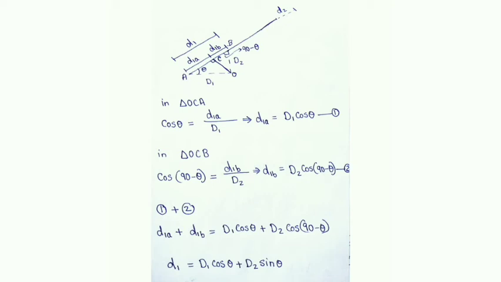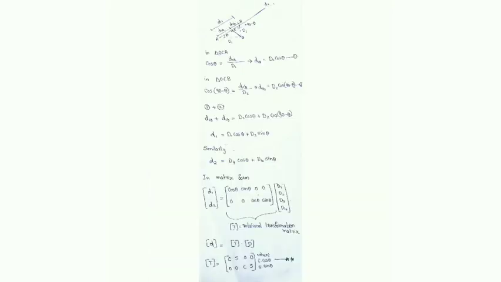So we can rearrange this equation as small d1 is equal to D1 cos theta plus D2 sin theta. That is, local d1 is equal to global D1 into cos theta plus global D2 into sin theta. Similarly, d2 is the displacement at node 2 and it can be written as d2 is equal to D3 cos theta plus D4 sin theta.